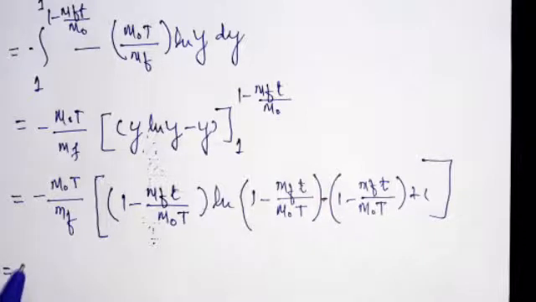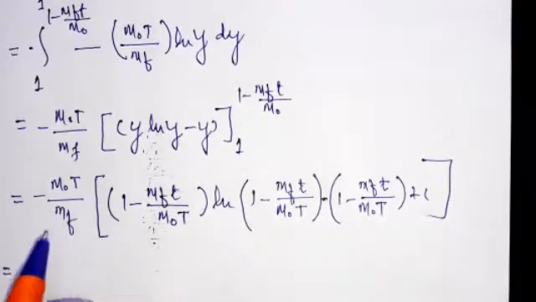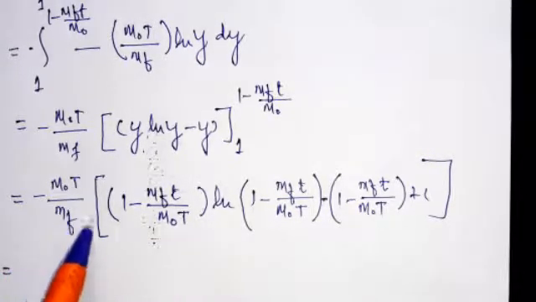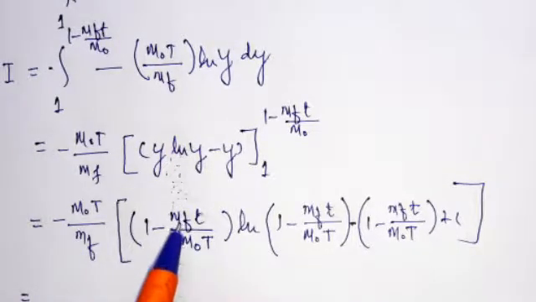So if we multiply here, the mf gets cancelled, so the terms become minus m naught t upon mf plus t.